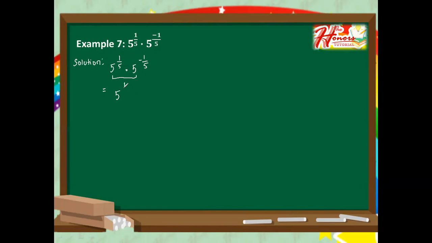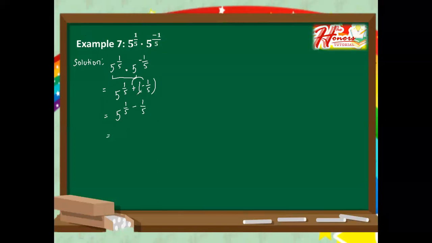So we have here 1 over 5 plus negative 1 over 5. Since the denominators are the same, we can operate on the numerator now. But let's change the sign of this because we have here positive and negative, and then it is equal to negative. So it will become 5 raised to 1 over 5 minus 1 over 5.